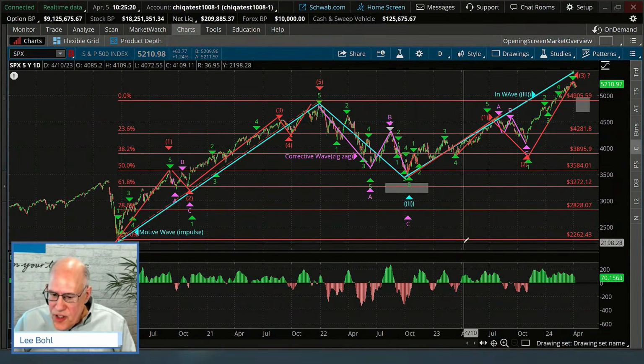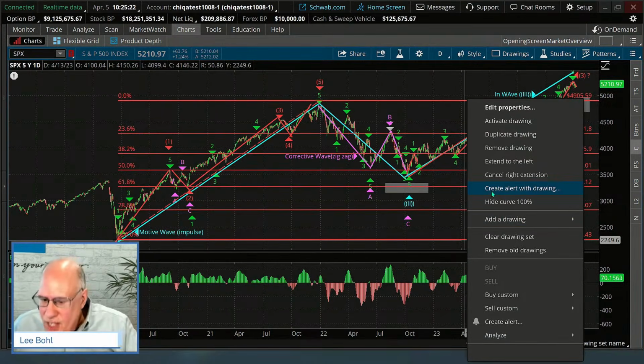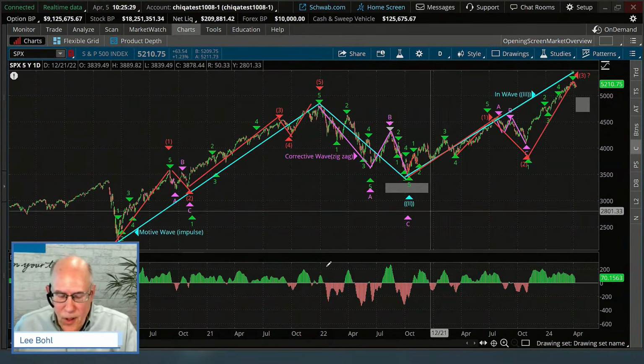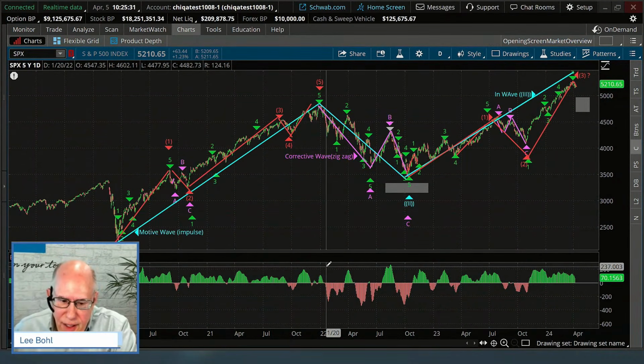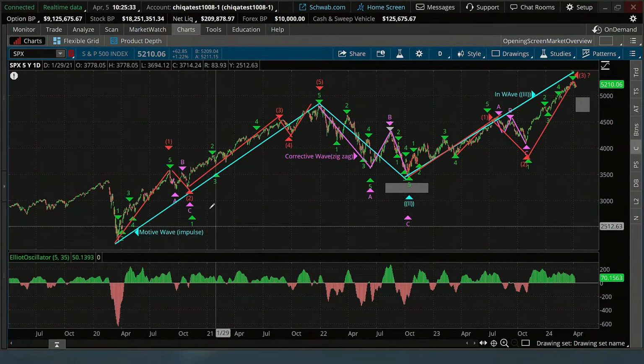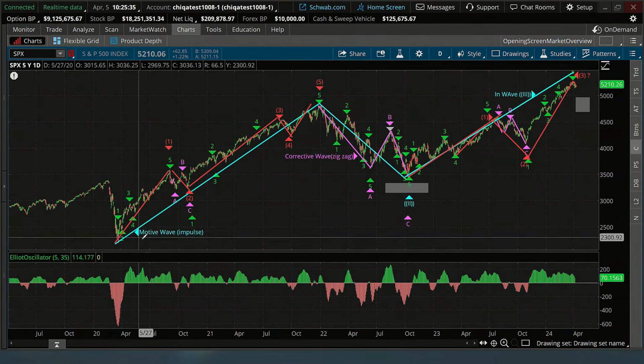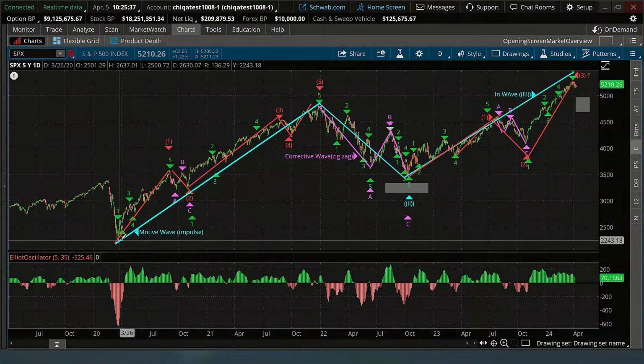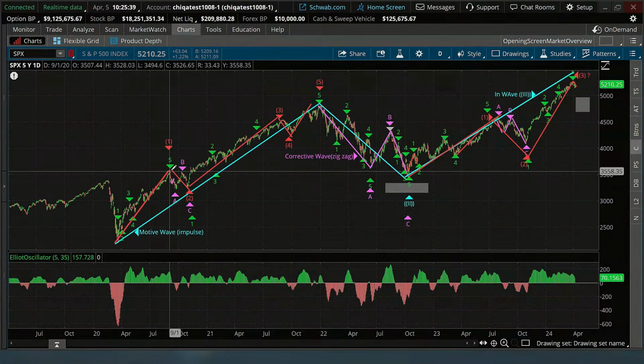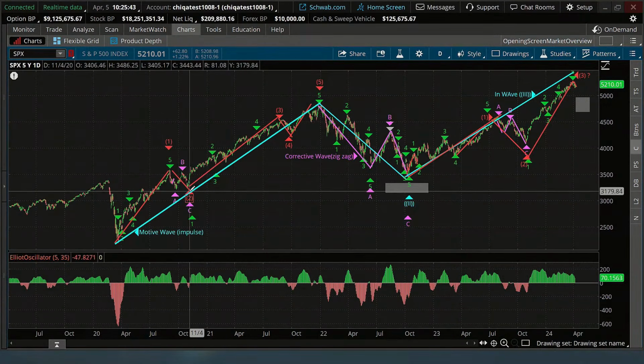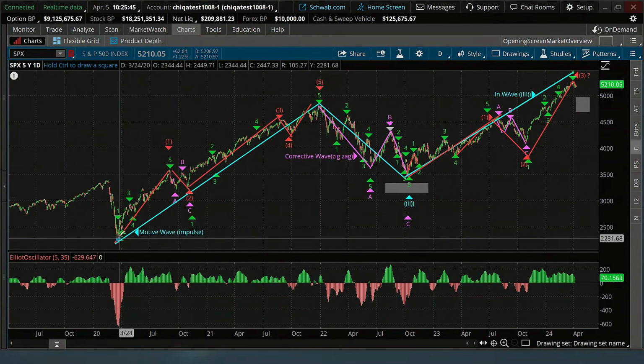Now, we can also see this in waves of lesser degree. It's a way to check to see if your wave count might be correct. So, for instance, let's take a look at the orange. Let's take a look at this first movement up, wave one as a subwave. Let's see where wave two corrected to.